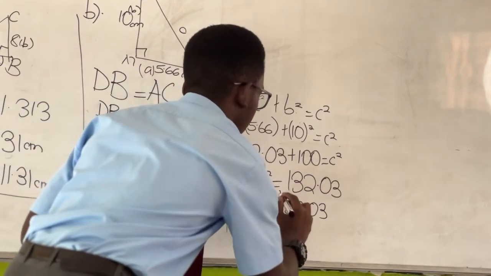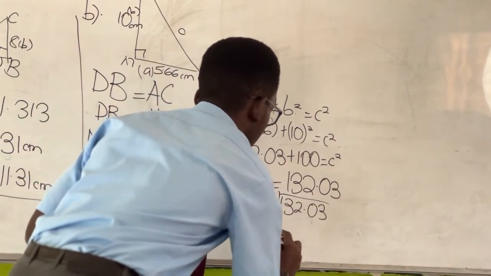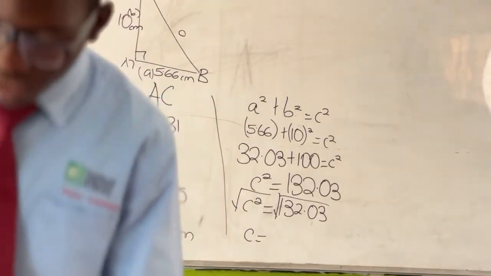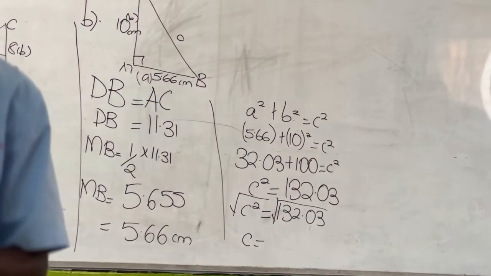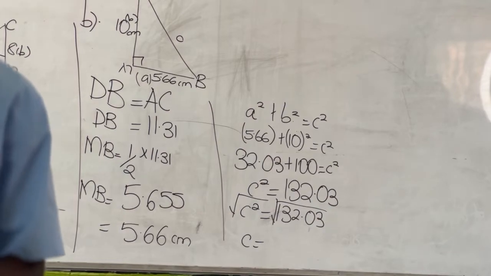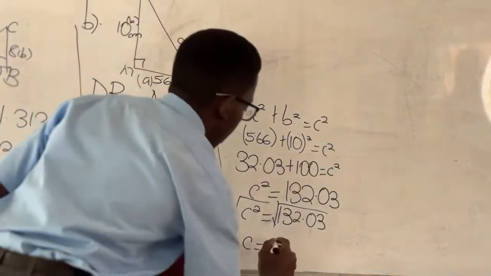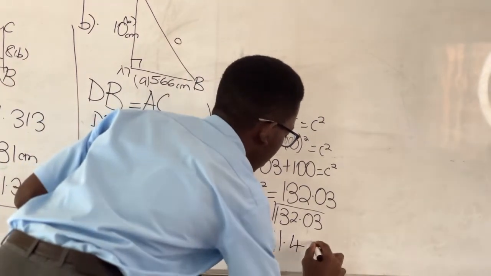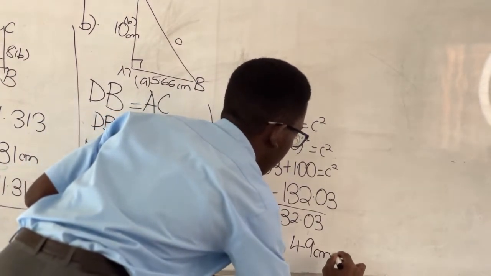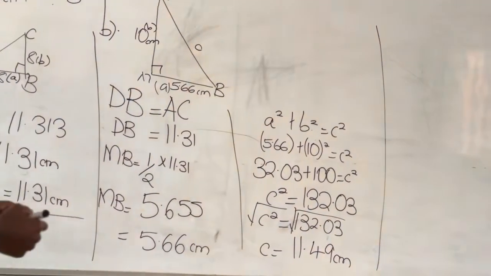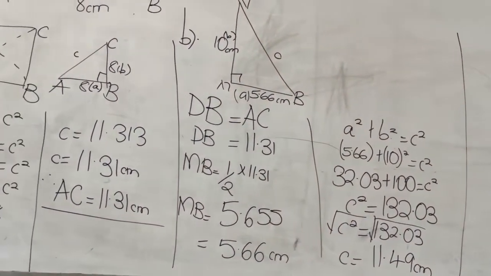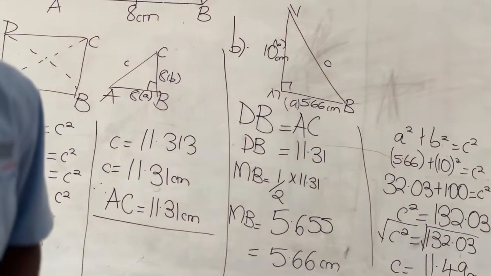We find the square root for both. C is equal to the square root of 132.03, and that is 11.49 centimeters. Well, now that's part B. As simple as that. VB is found.